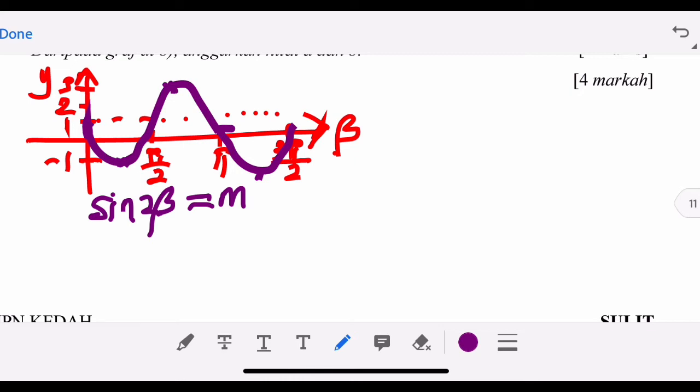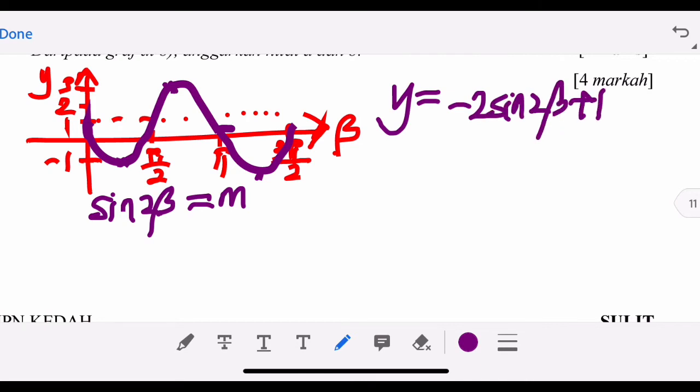Because the question says sine 2 beta equal to m, we will substitute into the trigonometric function or the graph that we have. So let's copy down the equation. The function given is y equal to negative 2 sine 2 beta plus 1, right?